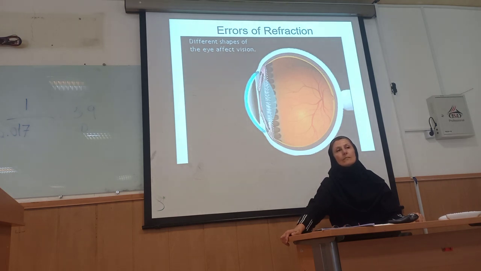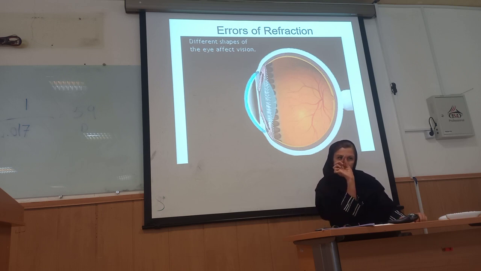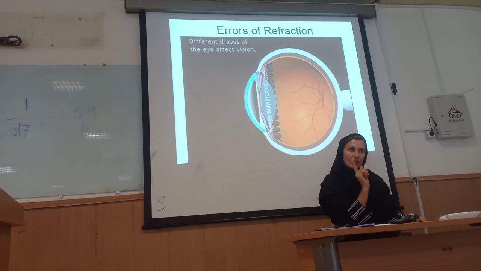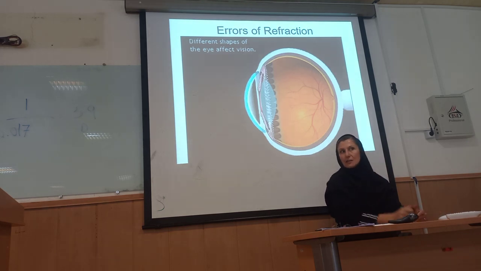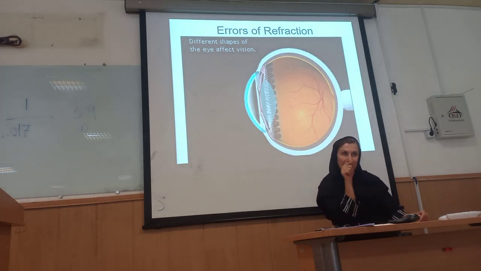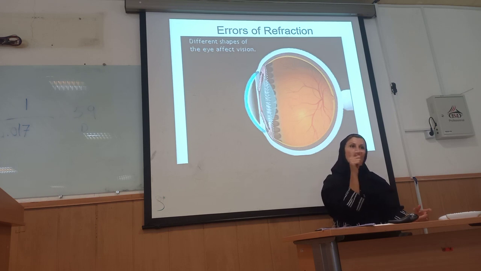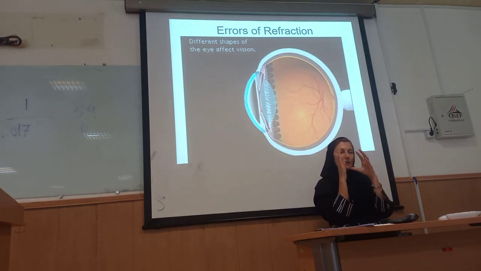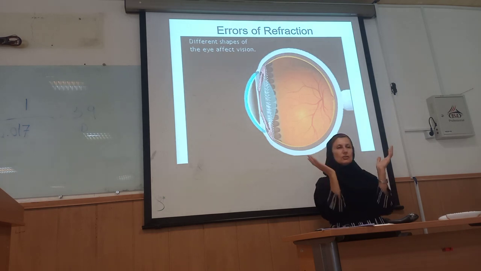The bending depends upon the shape of the lens. The shape of the lens is not changed. The shape of the lens was just changed by the first myopia. In the cataract, there are some cloudy patches, some cloudy particles because of the change in the structure of protein, the crystalline protein. For example, at this point, you can see damaged crystalline protein, and that's why you may see something cloudy.